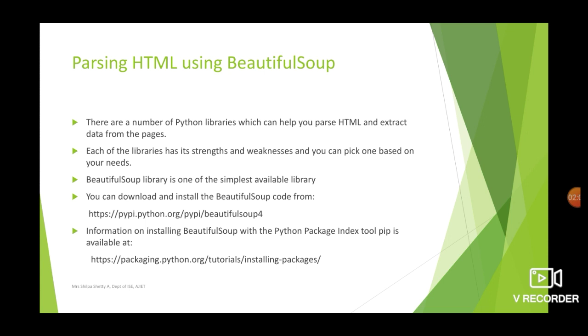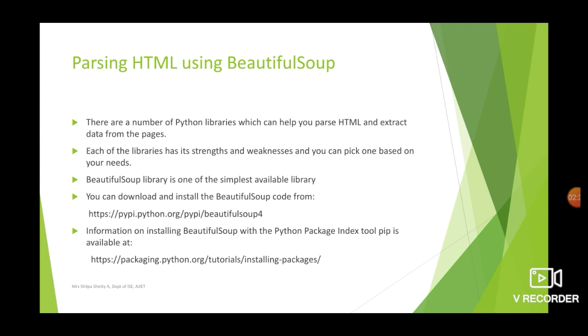extract data from pages. Each of the libraries has its strengths and weaknesses, and we can pick any one depending on our needs. The Beautiful Soup library is one of the simplest available libraries. If you have to run the program that is present later in this section, you need to download the Beautiful Soup code.